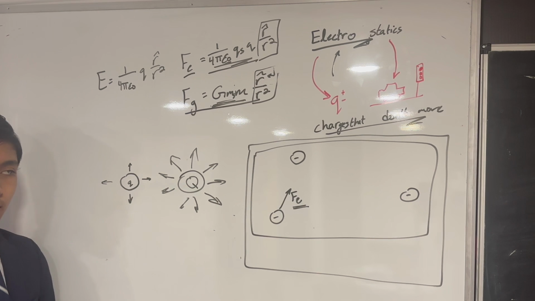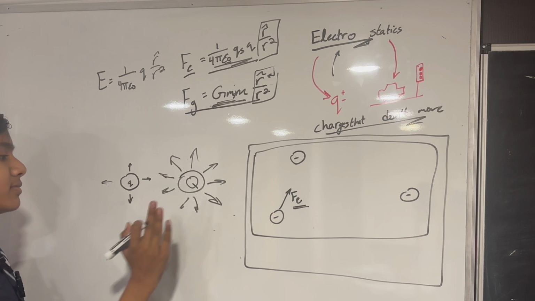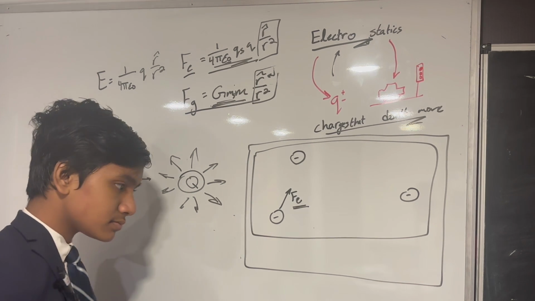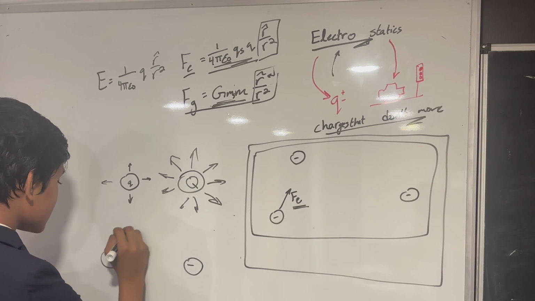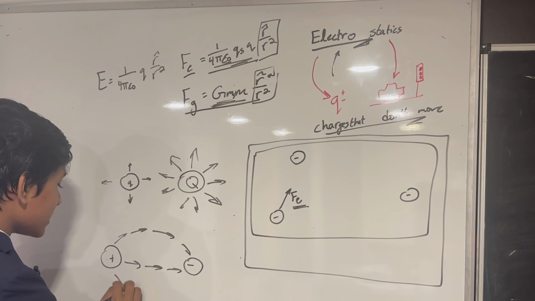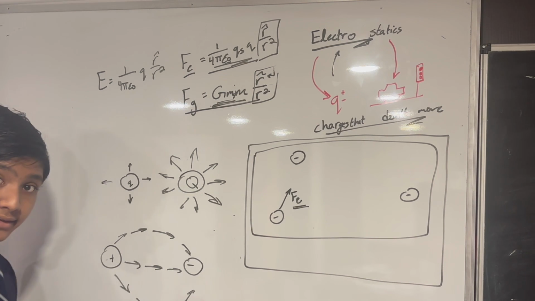But you might also ask, why am I drawing so few for the little charge and so many for the big charge? Well, that comes down to another problem. Diagrams like this can quickly become crowded, hard to read, and hard to calculate.